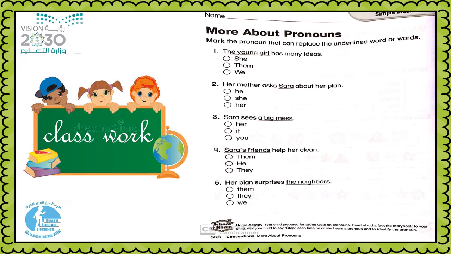There's a line under the young girl. Which pronoun do we use instead of the young girl in the beginning of the sentence? She, or them, or we? Of course, she. She has many ideas.